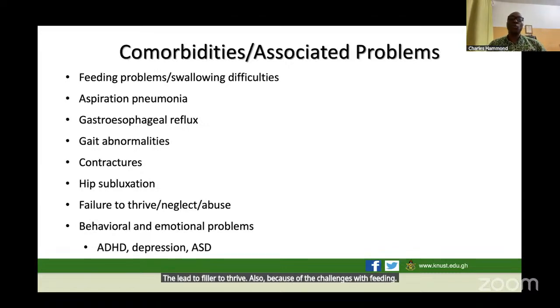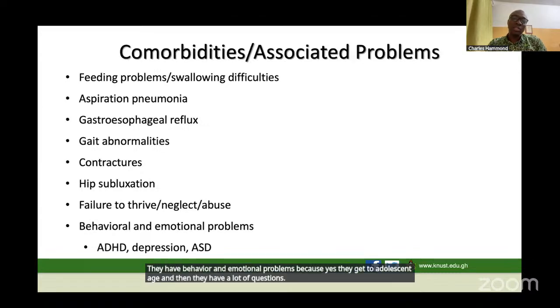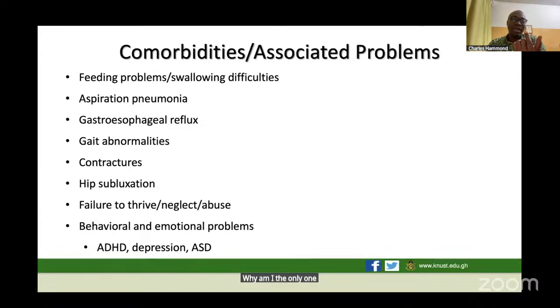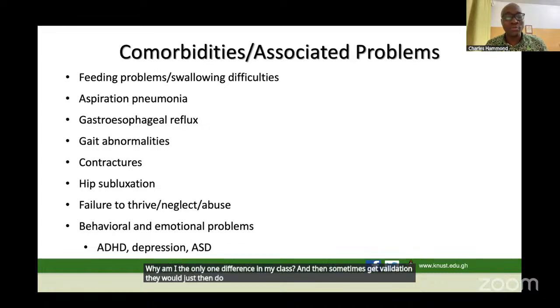And as they grow older, they have behavior and emotional problems because, yes, they get to adolescent age and then they have a lot of questions. Why am I the only one different in my class? And then sometimes to get validation, they would just then do terrible things.